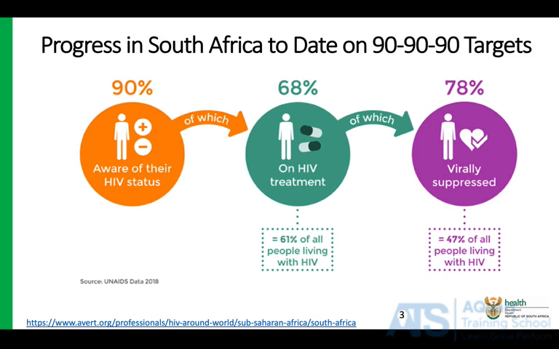At population level, if you look at the total population of people living with HIV and AIDS, we are only able to initiate treatment on 61% of patients living with HIV and AIDS, and suppressing 47% of all patients living with HIV and AIDS. This is probably not acceptable, and it shows that we are far off from achieving disease control. However, we are all making strides, trying different interventions.